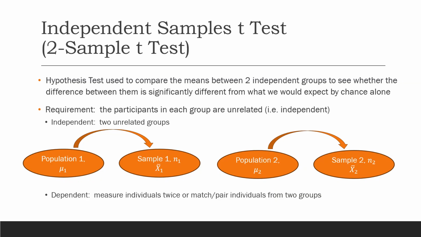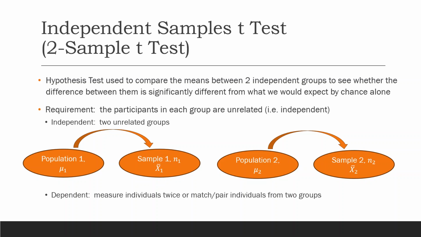If you ever studied a pre-test, post-test research design, those are dependent measurements. Or we can start with a group of individuals and match or pair them based on some other variables outside of the main variables in our study, right?